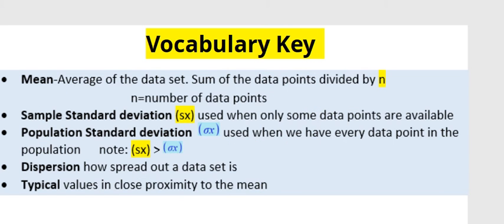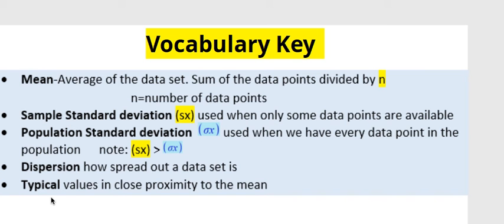Now, when we go back to our vocabulary key, we've discussed the mean. Everything we're doing here is population standard deviation because we have all the data. Remember, the samples are only for, like we did with the ticket out, where we're given information about a big pool of data and we've only got a little piece, right? But the big idea that we're adding today is these typical values.